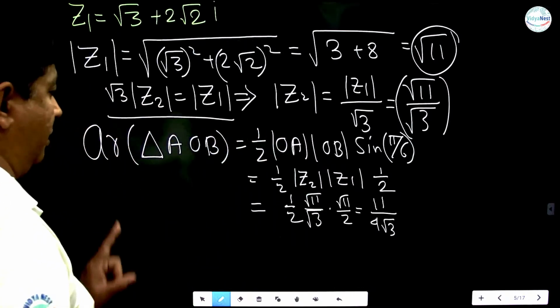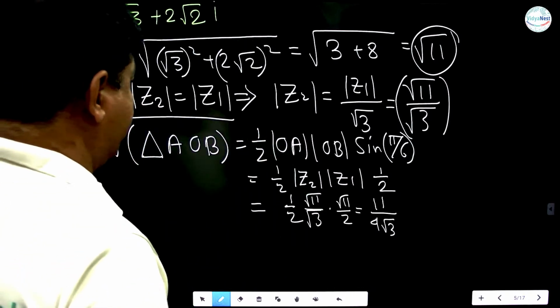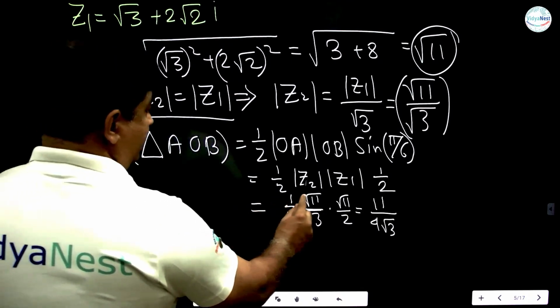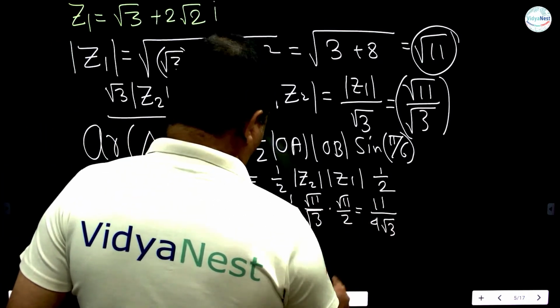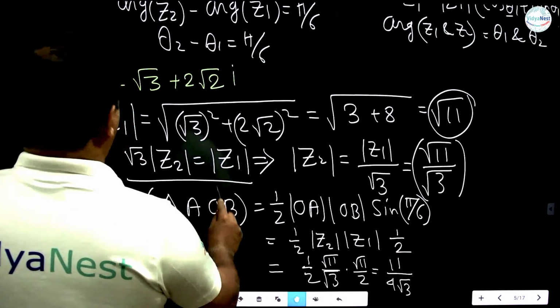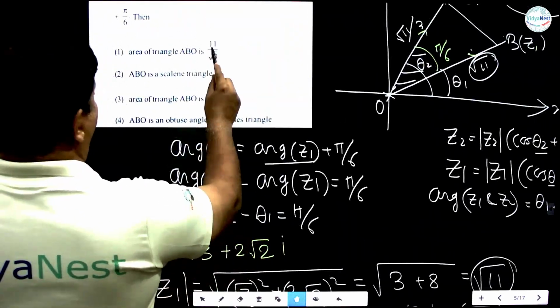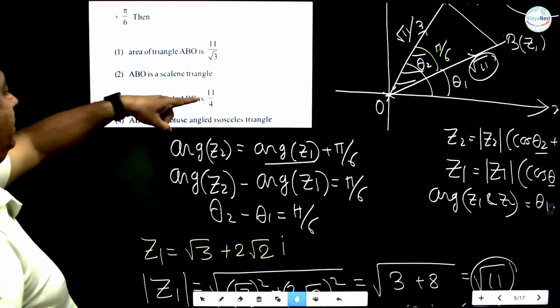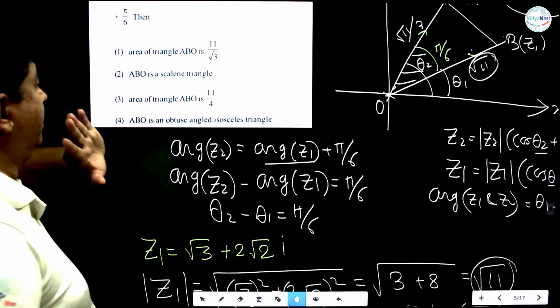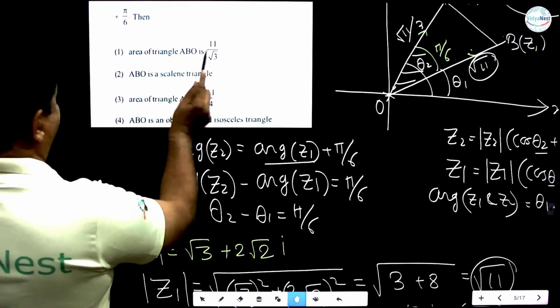Okay, yes or no? Z2 is 11/√3, that is half, 11/4√3. So here 11/√3 given, not matching. 11/4 not matching. So I will omit these two.